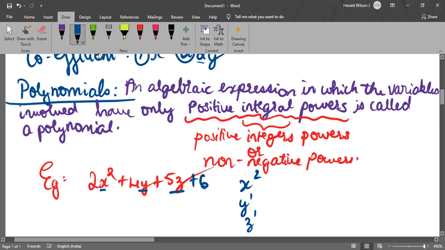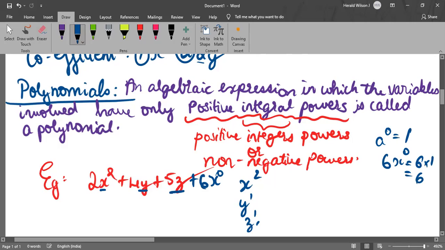What is the power here? If we multiply 6 with a variable raised to the power 0, anything raised to the power of 0 is 1. That is a law of exponents: a raised to 0 is equal to 1. So 6 into x raised to 0 is 6 into 1, which is equal to 6.